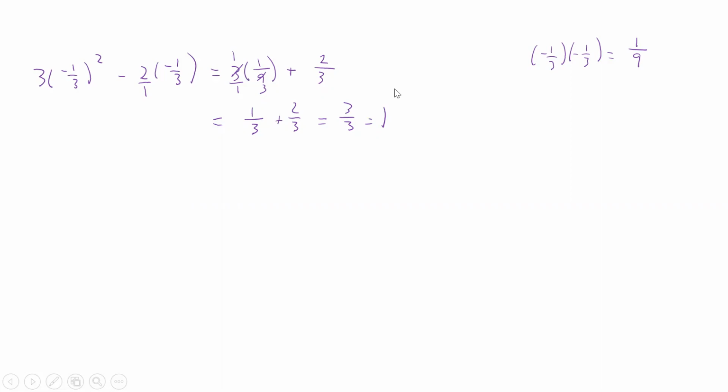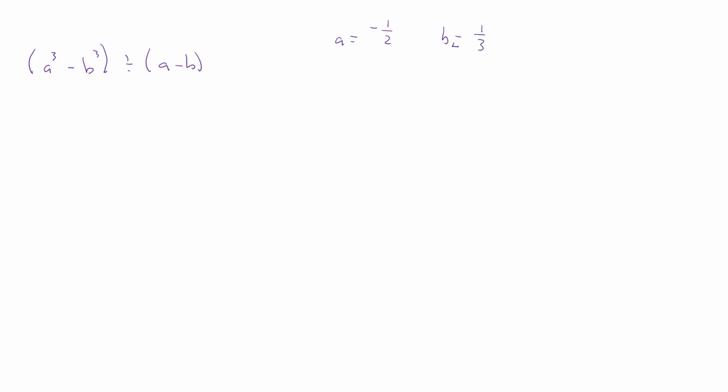Okay, so let's do another one similar to that, but let's say we have to plug in values. So let's say we have a to the third minus b to the third divided by a minus b. Now let's let a equal a negative 1/2. Let's say b equals 1/3.